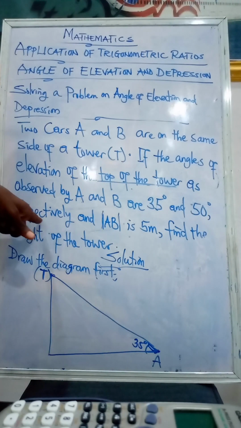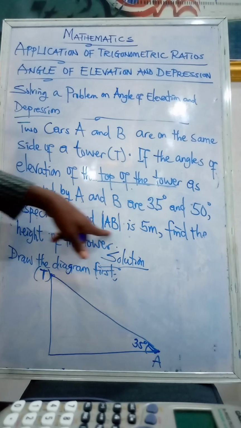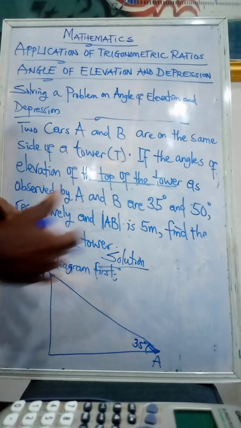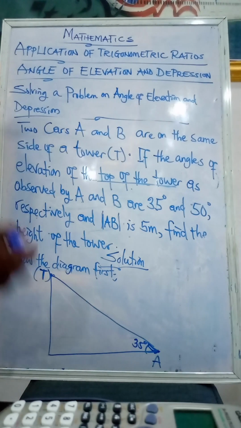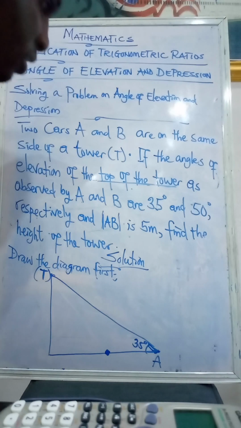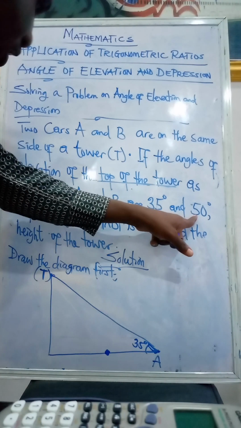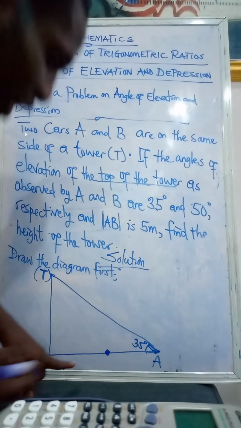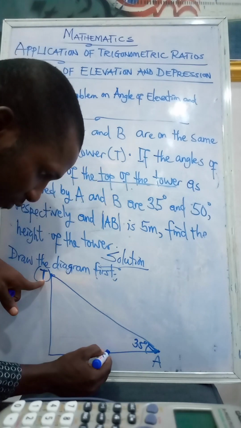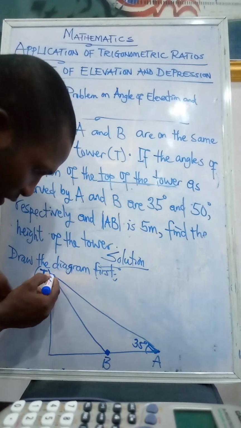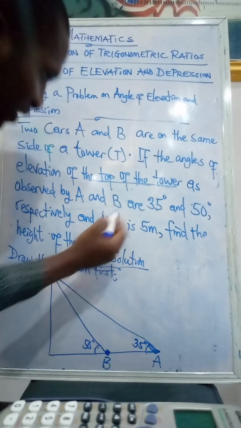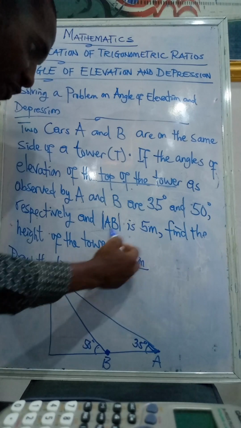Likewise, in the question, line A and B, the two of them are close. They are on the same side. But B also has angle of elevation, which is 50. So that means the angle at which B is looking at the top of the tower is 50 degrees.